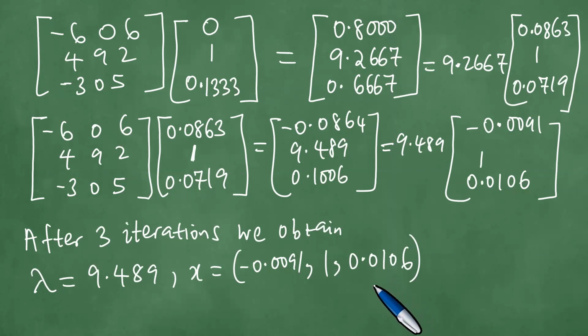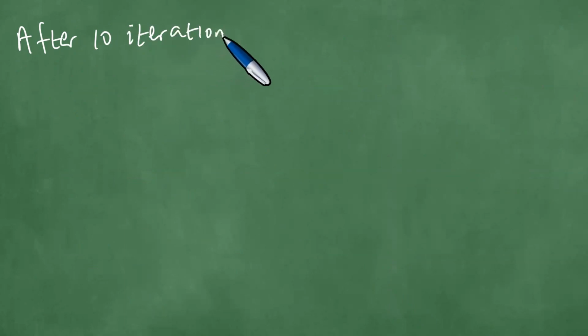Okay, so we have that. Right, but I'm going to make this inference here to say after 10 iterations, which is possible to do, we obtain. Okay, we have not gone up to 10 because the method is clear.